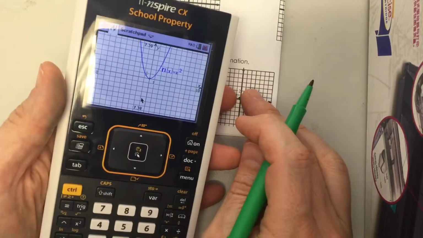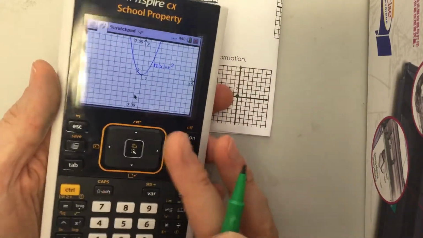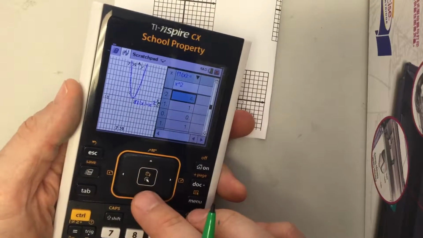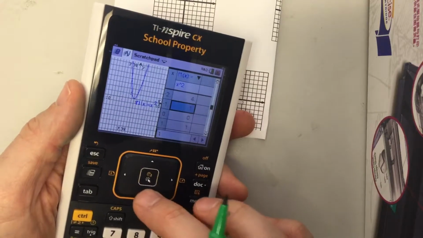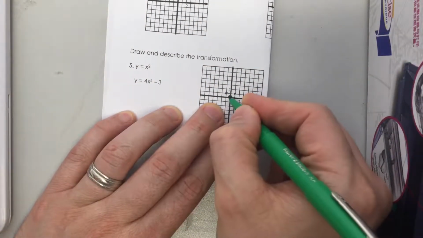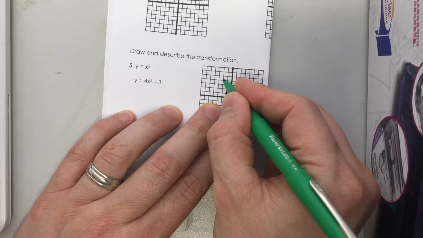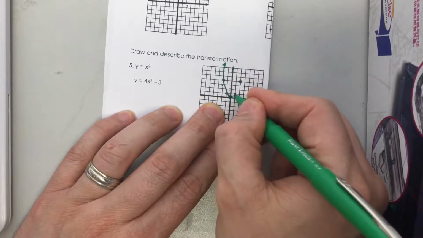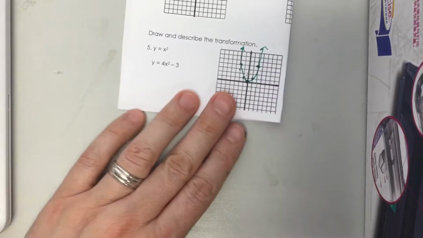I have my table here. Give me some values. I have negative 1, 1, positive 1, 1, negative 2, 4, positive 2, 4, right? So that's a decent sketch of the parent function, which is what that is.